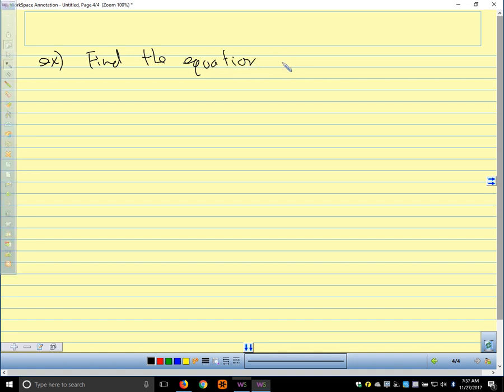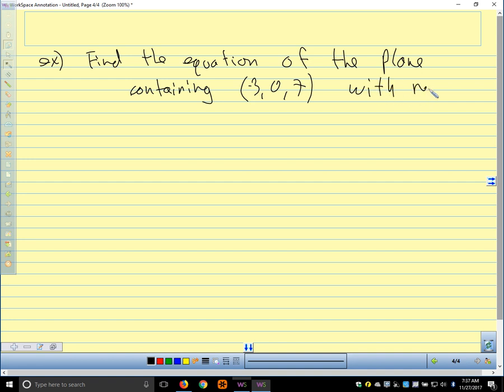So let's find the equation of the plane containing the point negative 3, 0, 7 with a normal vector 5, 2, negative 1. So when you see a problem like this, really you have everything you need.